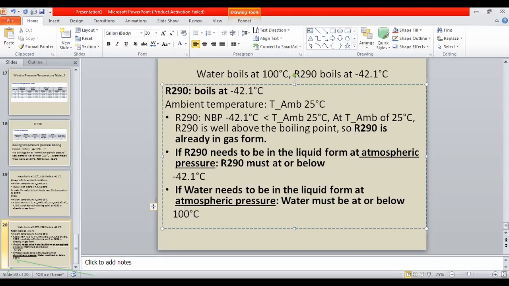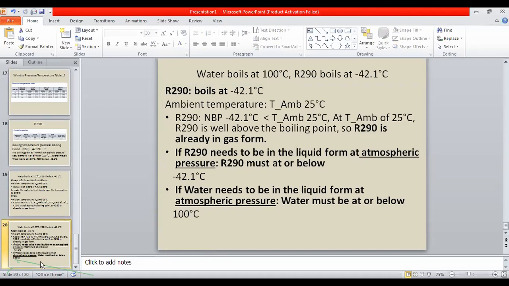Because at 100, still you can see water. At 101, no water. At 100, still you can see water evaporate, forming water vapor. Okay. So this is for R290.